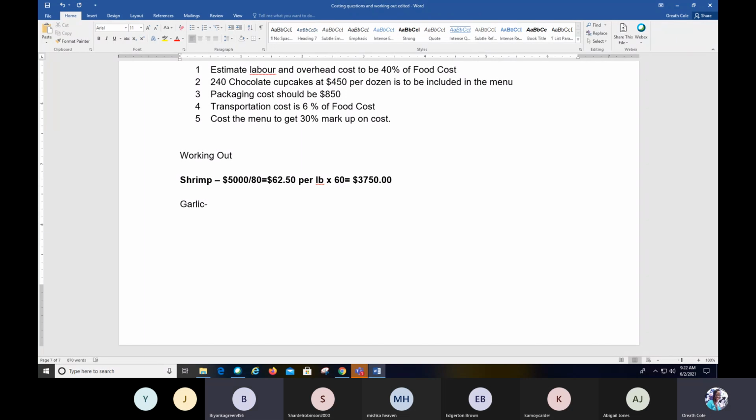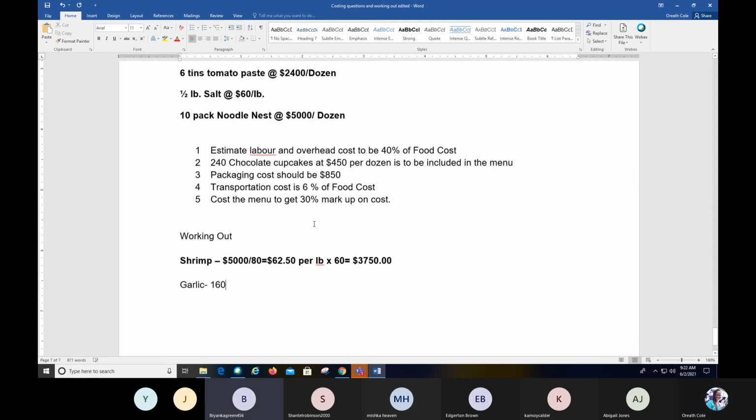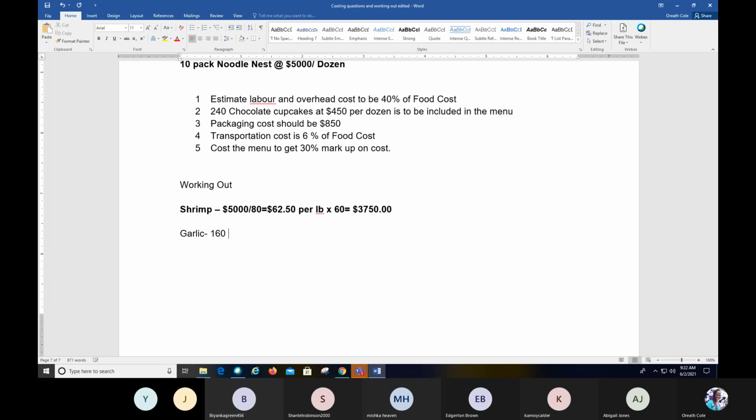Miss, so we know 1 pound of garlic is $160, and we want the cost of 2 pounds. So we can add? 160, we're not doing any addition. Multiply.